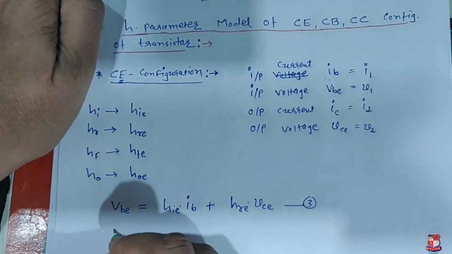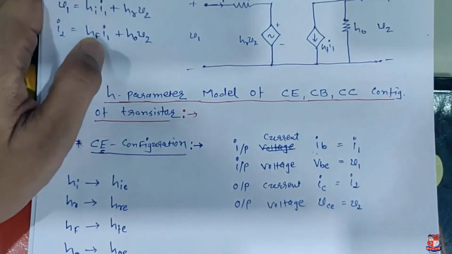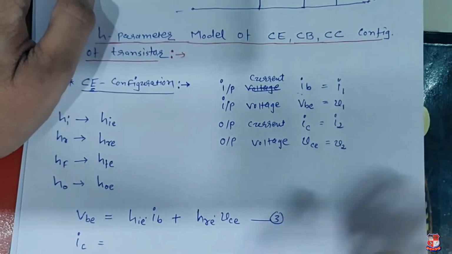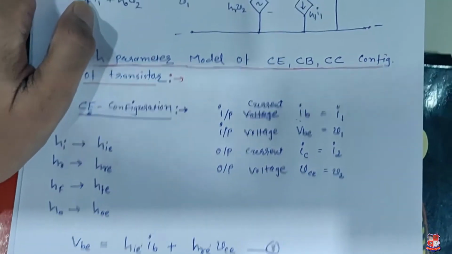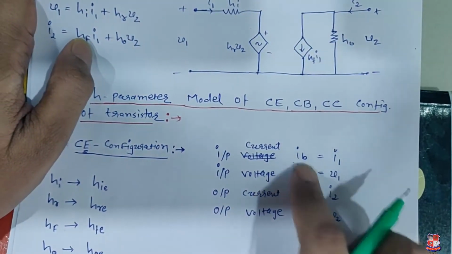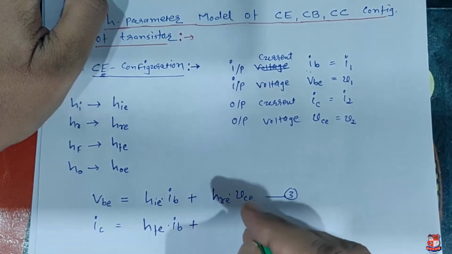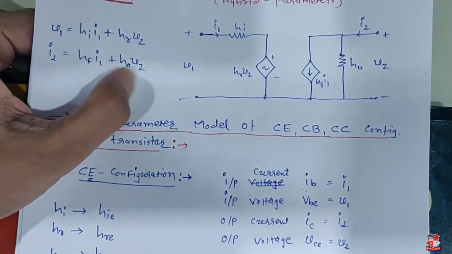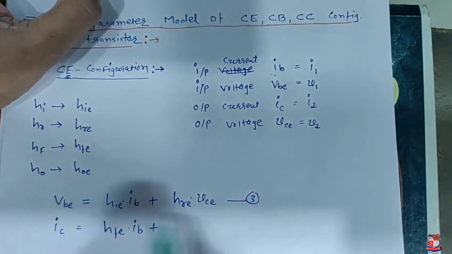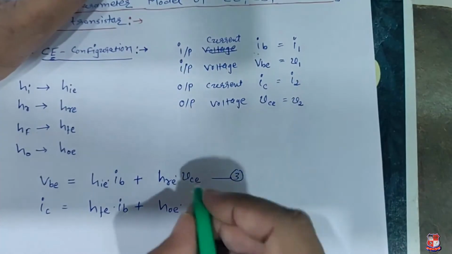So IC equals HF into I1, so HF will be replaced by HFE into I1, that is nothing but IB, plus HO into V2. HO can be represented by HOE into V2, and V2 is nothing but VCE.